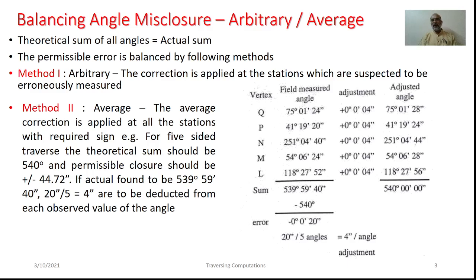The sum observed is less than the theoretical sum. Hence, the correction of plus 4 seconds is applied in each of the angles measured at each of the stations.